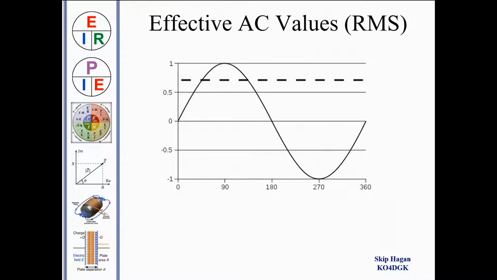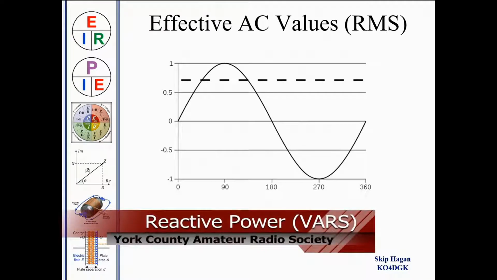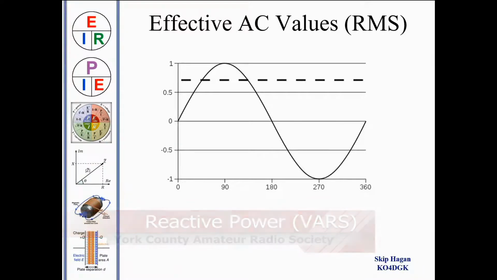Now, when we look at our household wall receptacle, and we stick a voltmeter in there and we see 120 volts, what we're seeing is the RMS value being read by the voltmeter.